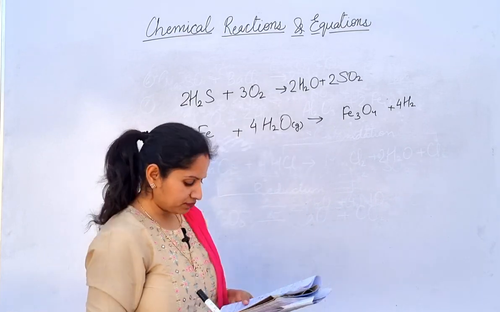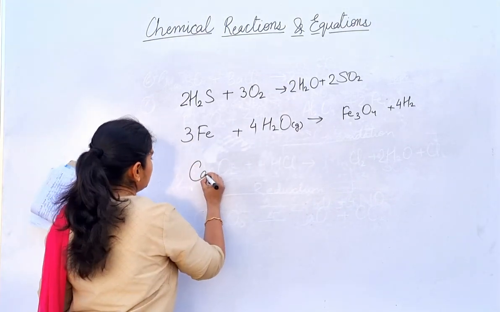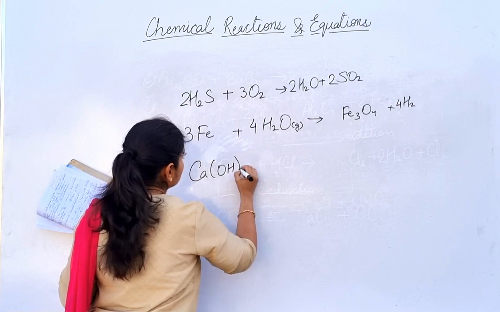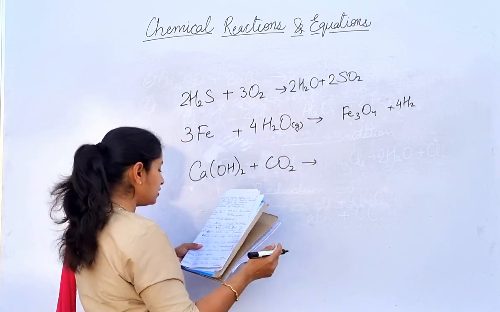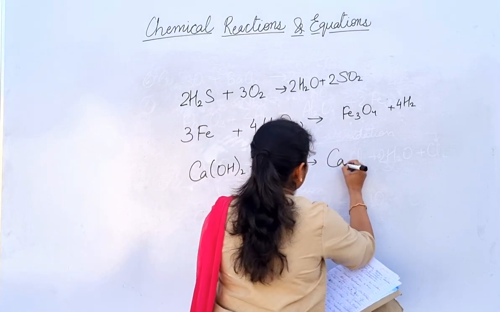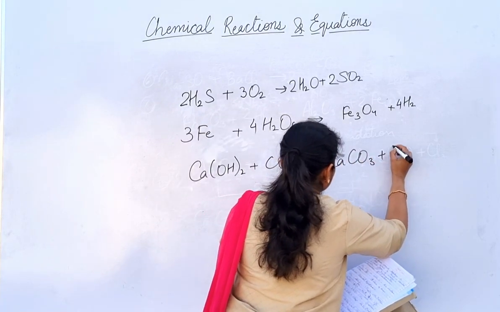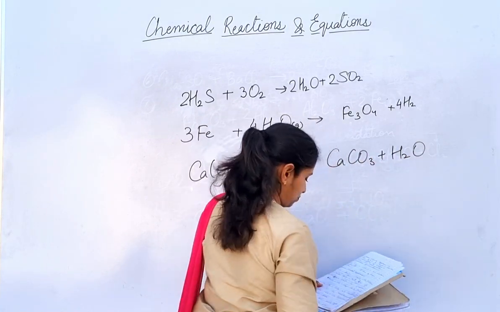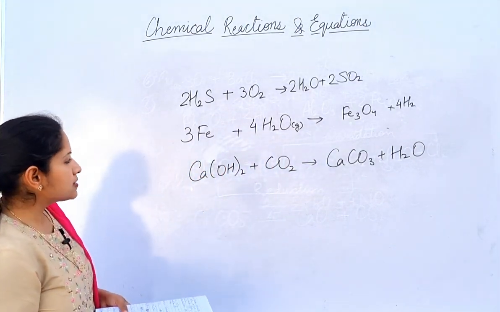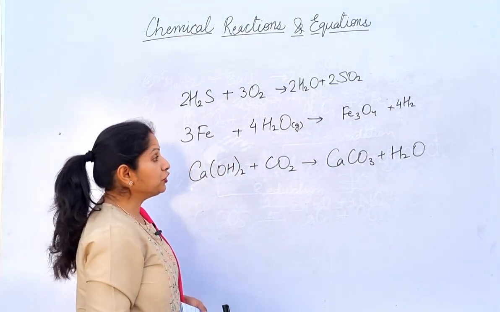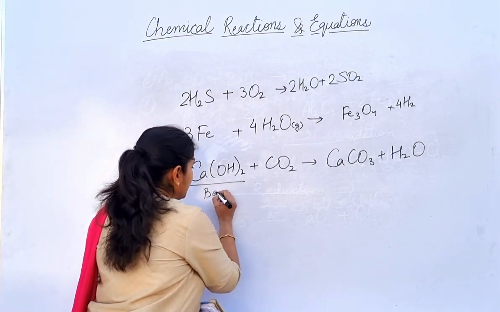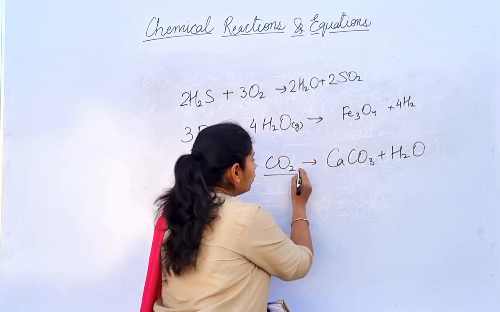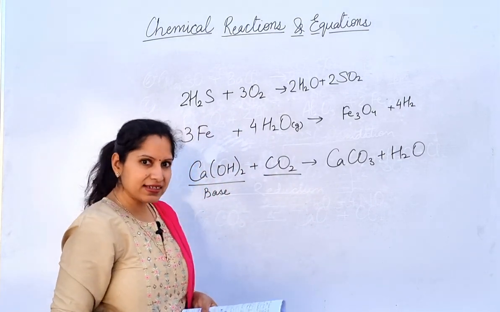Okay. So when we perform whitewashing, we use Ca(OH)2. It combines with carbon dioxide present in the atmosphere and forms calcium carbonate, plus water is formed. Okay. This is an example of neutralization reaction where Ca(OH)2 is a base and all non-metal oxides are acidic in nature.